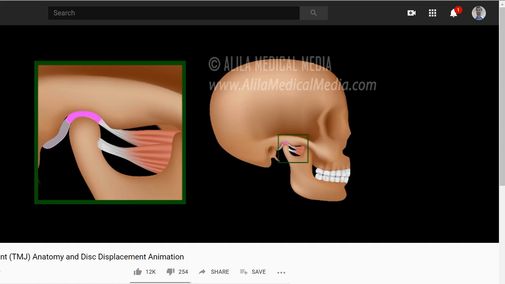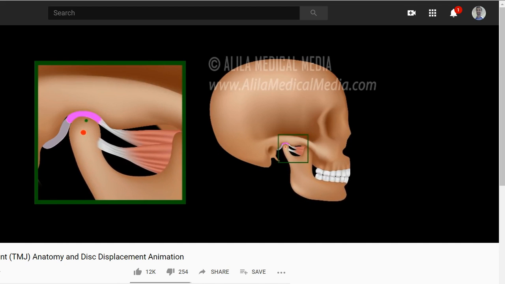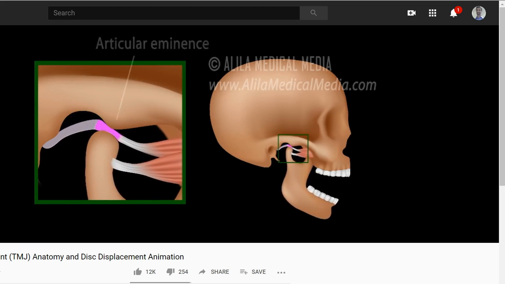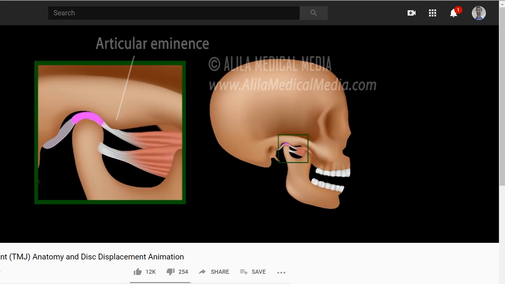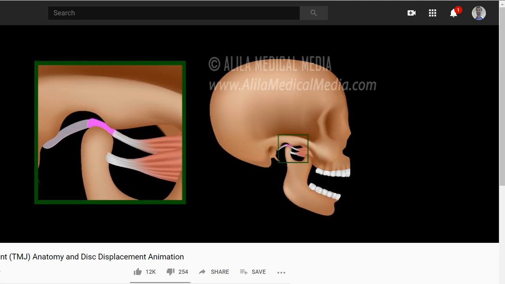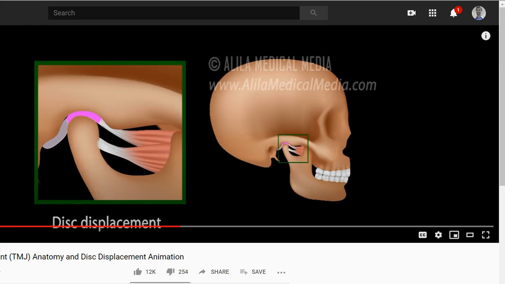The mandible is the only bone that moves when the mouth opens. The first 20 millimeters of opening involves only a rotational movement of the condyle within the socket. We'll call this the early phase. For the mouth to open wider, the condyle and the disc have to move out of the socket, forward and down the articular eminence, a convex bone surface located anteriorly to the socket. This movement is called translation. The most common disorder of the TMJ is disc displacement, and in most cases, the disc is dislocated anteriorly.